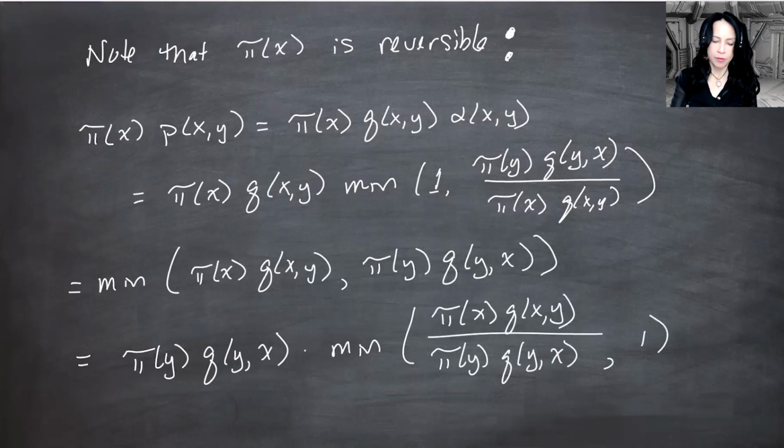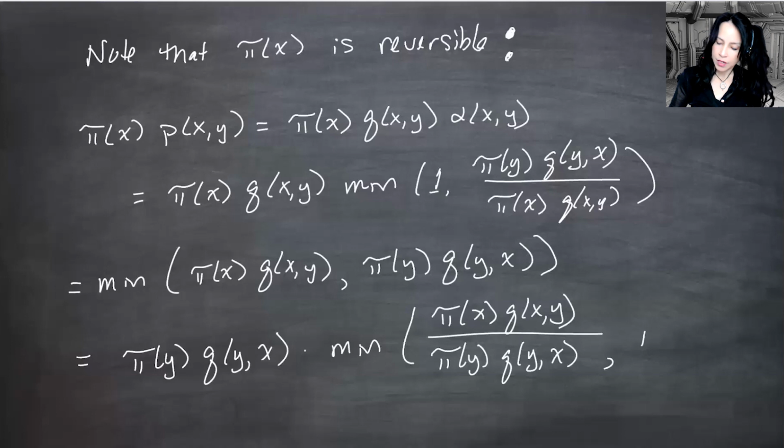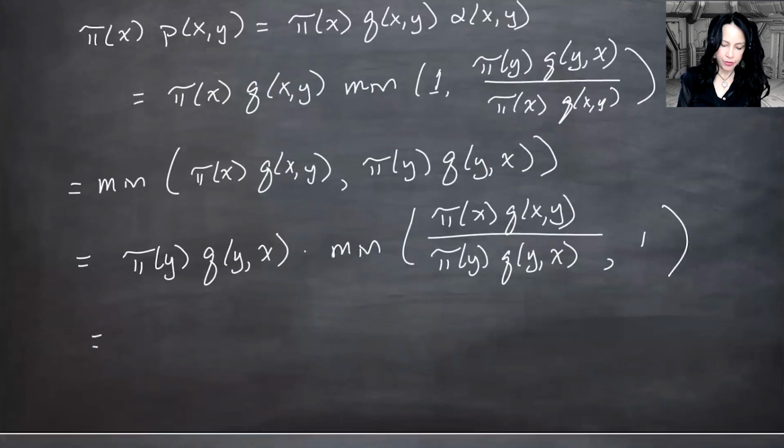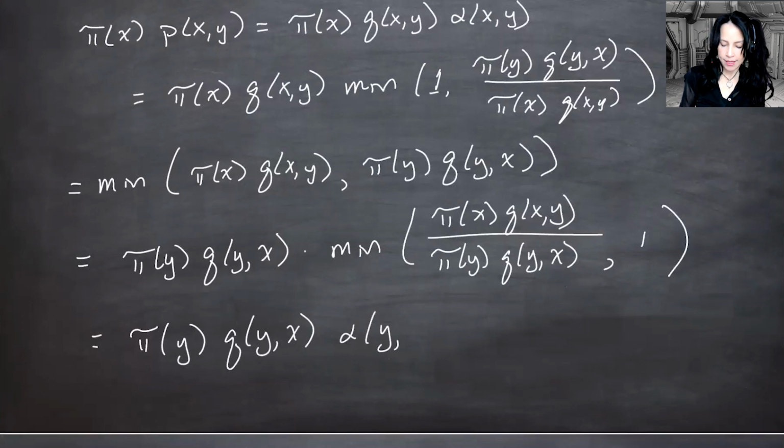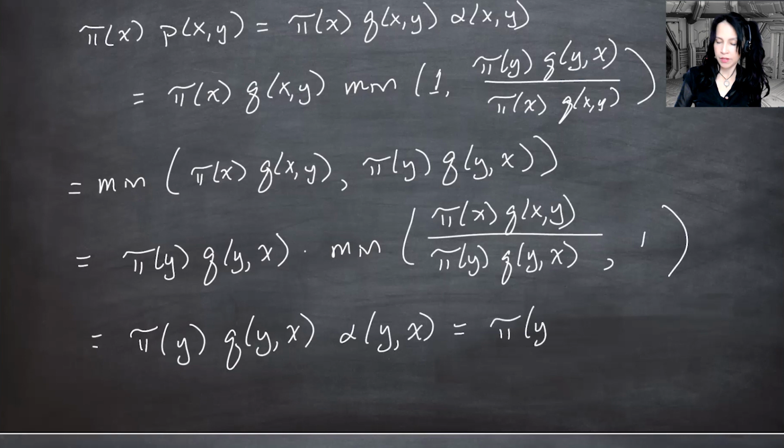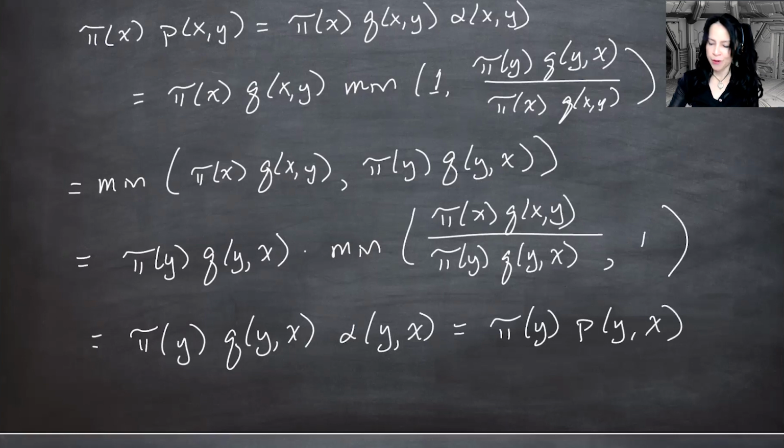The minimum can be in either direction, but that's the alpha with x and y switched. So it's actually alpha y comma x. And the q times the alpha is the p, the transition probability starting at y that you're going to choose x. So look where we started in the upper left corner, and where we are, we have reversibility, or detailed balance.